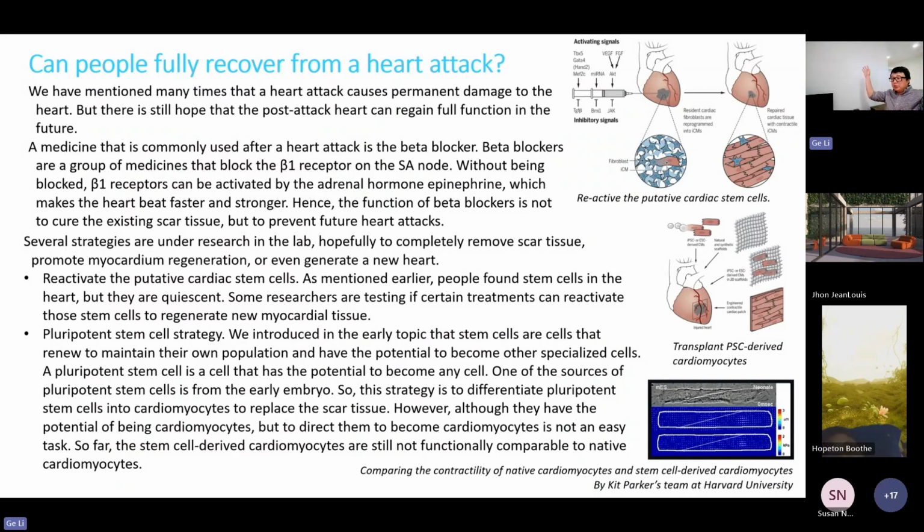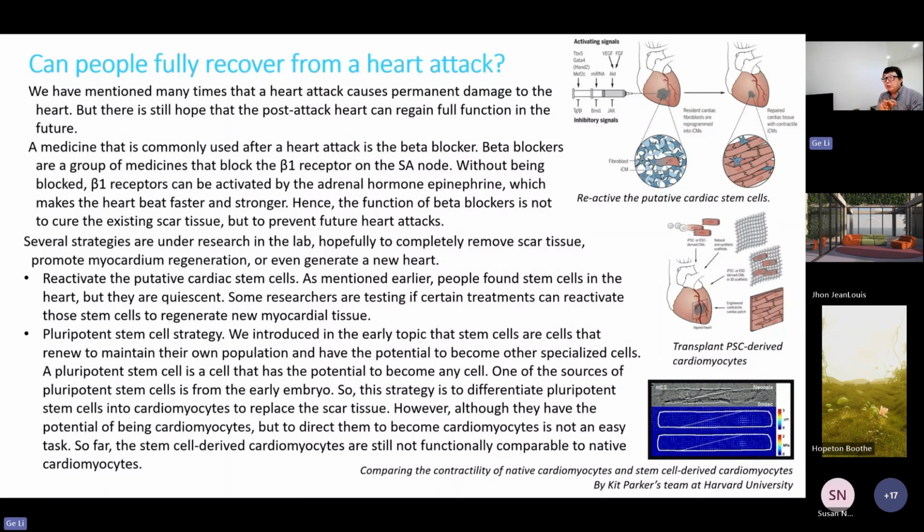In the research area, some people are trying to fix this issue, using a medical approach to stimulate heart regeneration. There's some potential research. One of those is to reactivate the heart stem cells. When we were young, we do have heart stem cells, and we lose them.